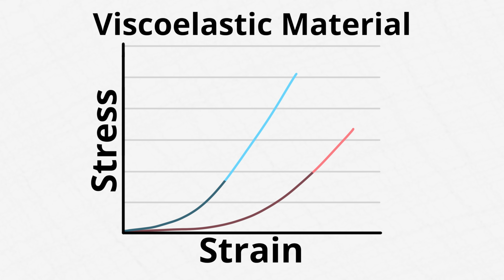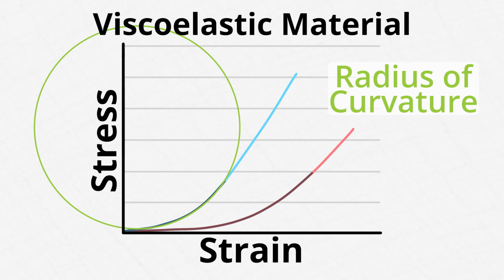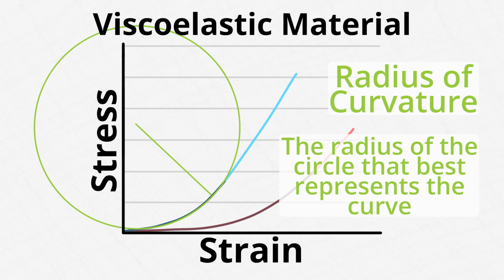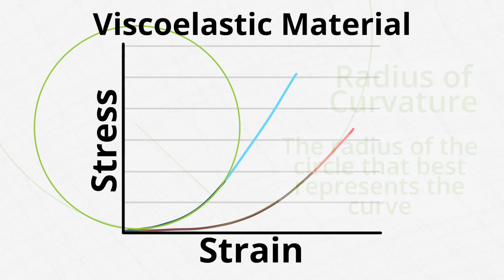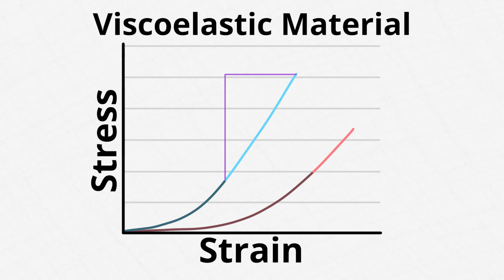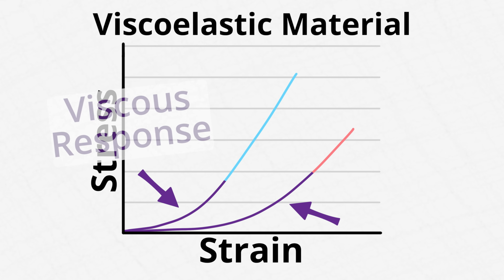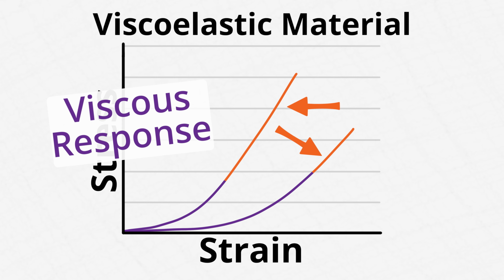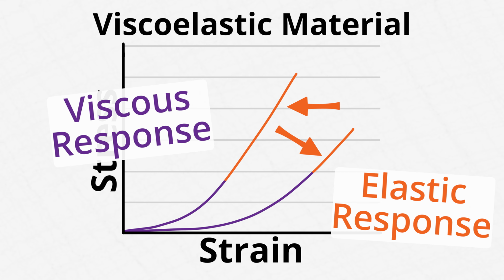At the fast rate, the radius of curvature, which is the radius of the circle that best represents the curve, is smaller, and the linear region has a larger slope than the slow rate. The curved region represents the material's viscous response, while the linear region represents the material's elastic response.